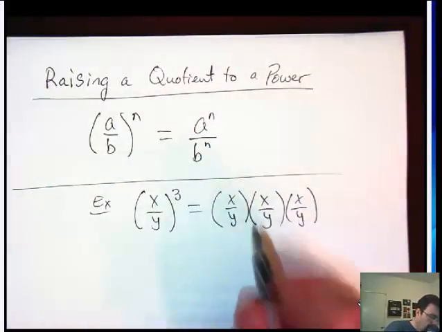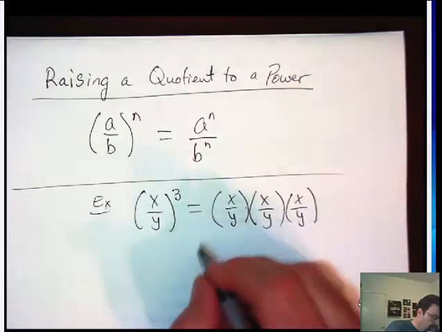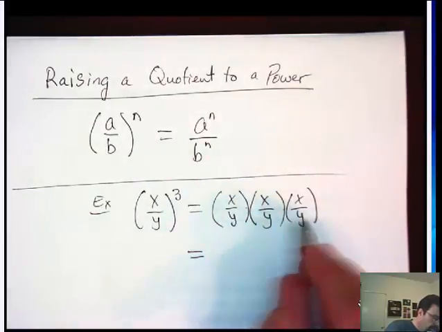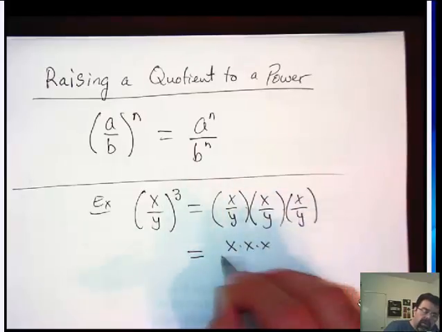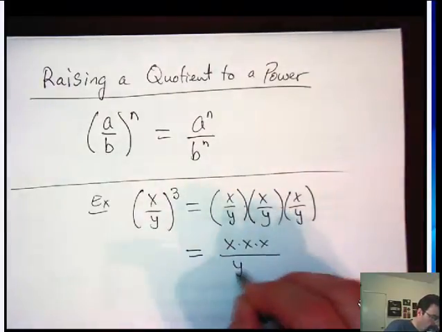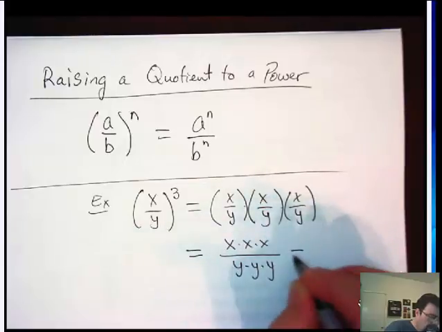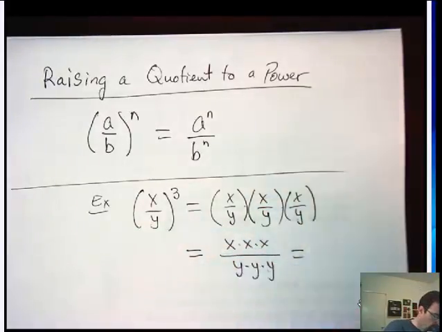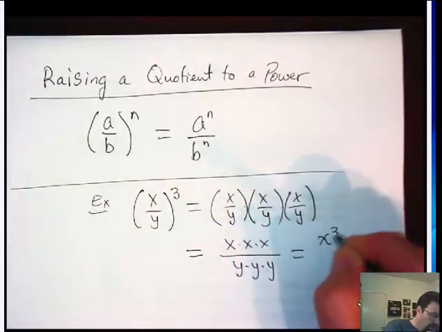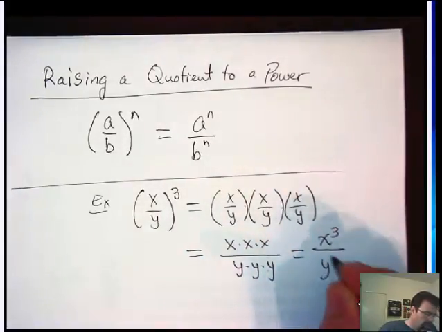And again, this is all multiplying, so I can drop those parentheses. And how do you multiply fractions? Right, we multiply all the numerators, we multiply all the denominators, and since the numerator is x times x times x, you get x to the third power over y to the third power.